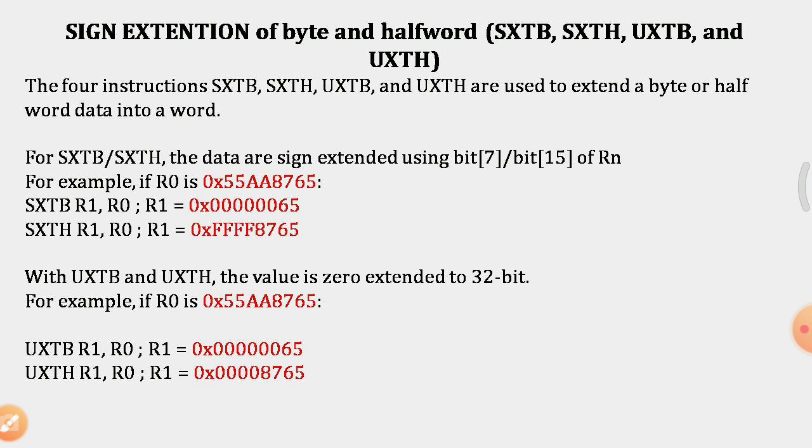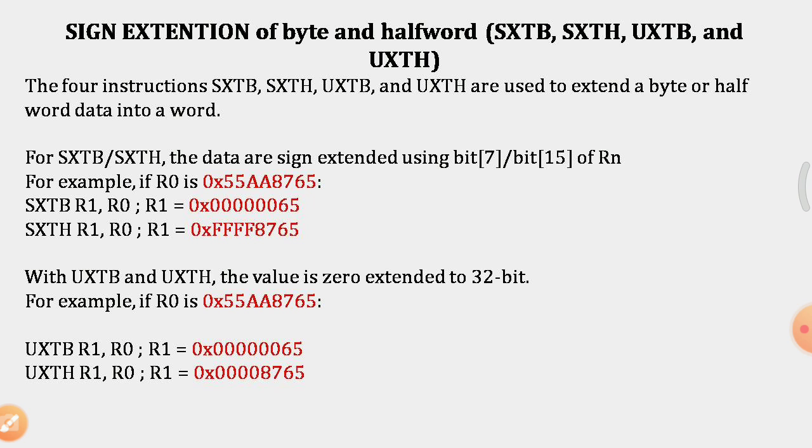So we have 4 instructions: SXTB, SXTH, that is sign extend byte, sign extend half word, unsigned extend byte, and unsigned extend half word. So these are used to extend the sign.